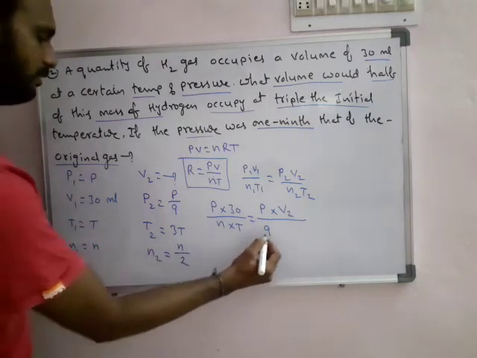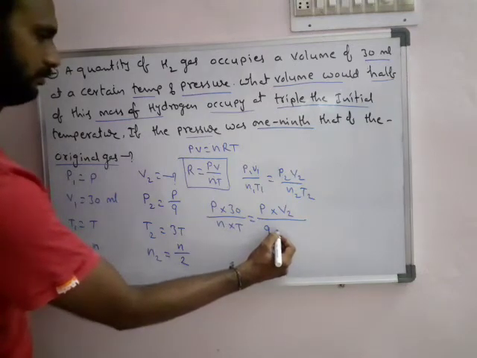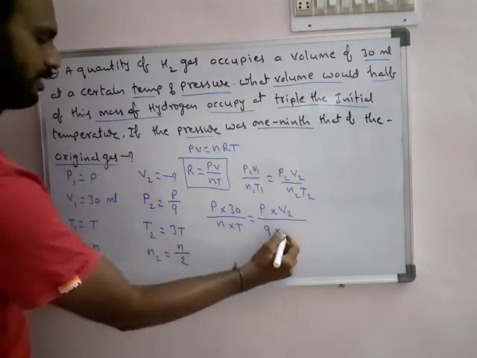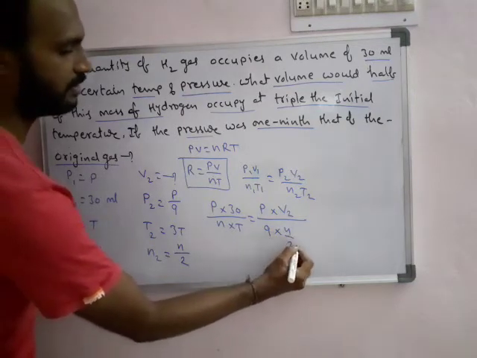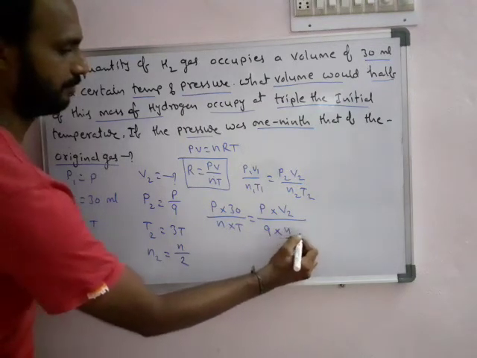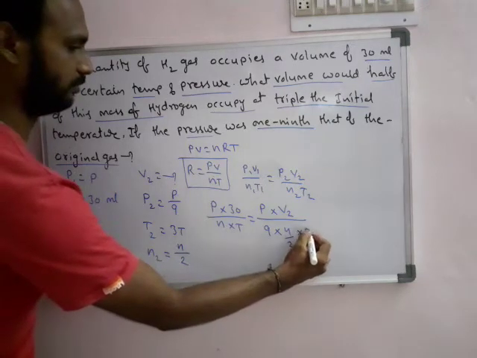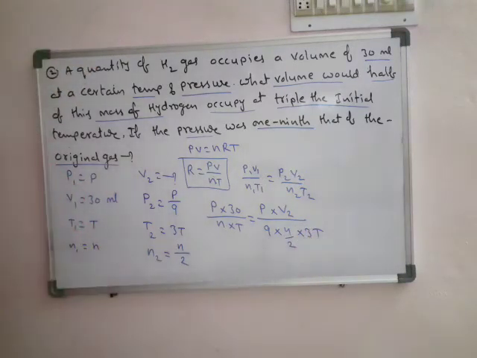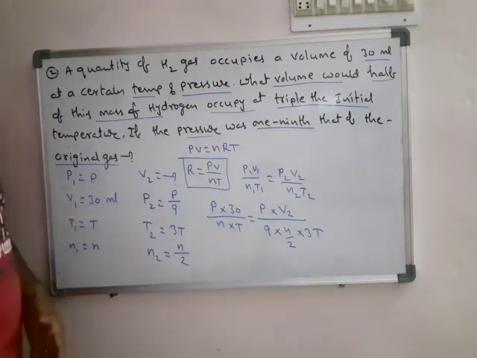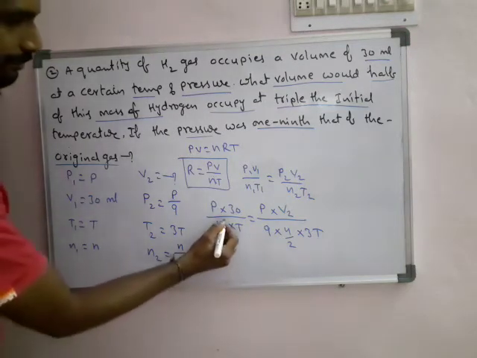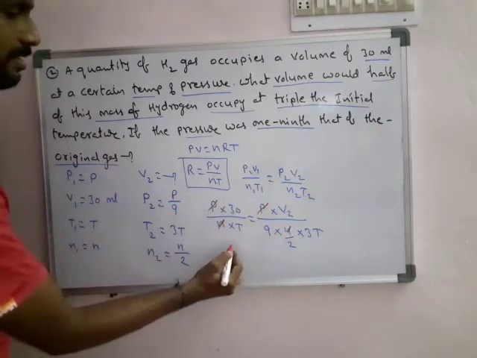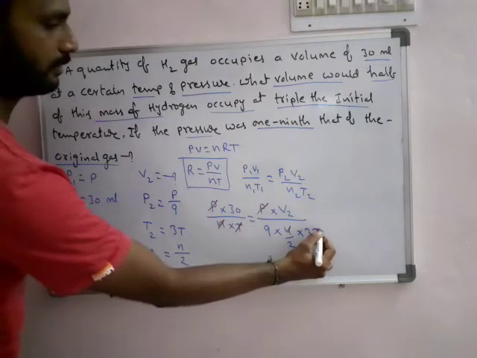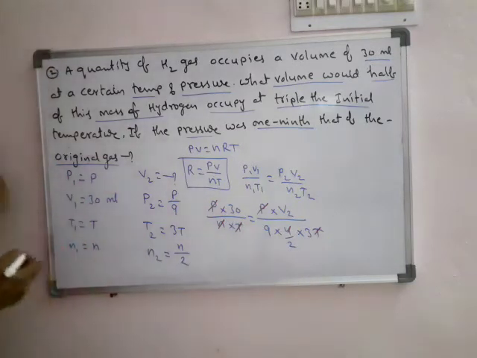What is N2? That is half, half of its initial mass. What is T2? That is 3T. Okay, just cancel what we are able to cancel. The pressure gets cancelled, the temperature gets cancelled.